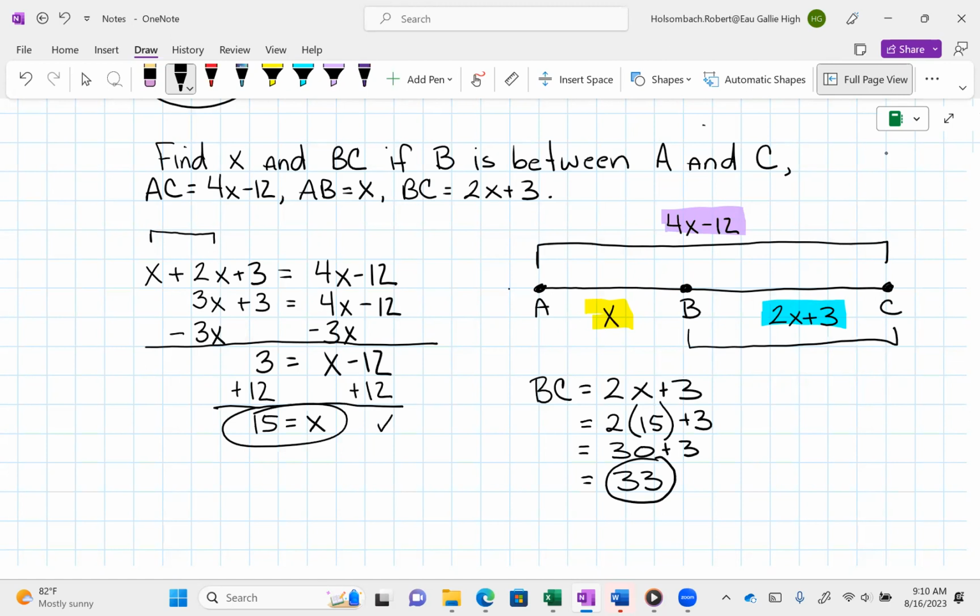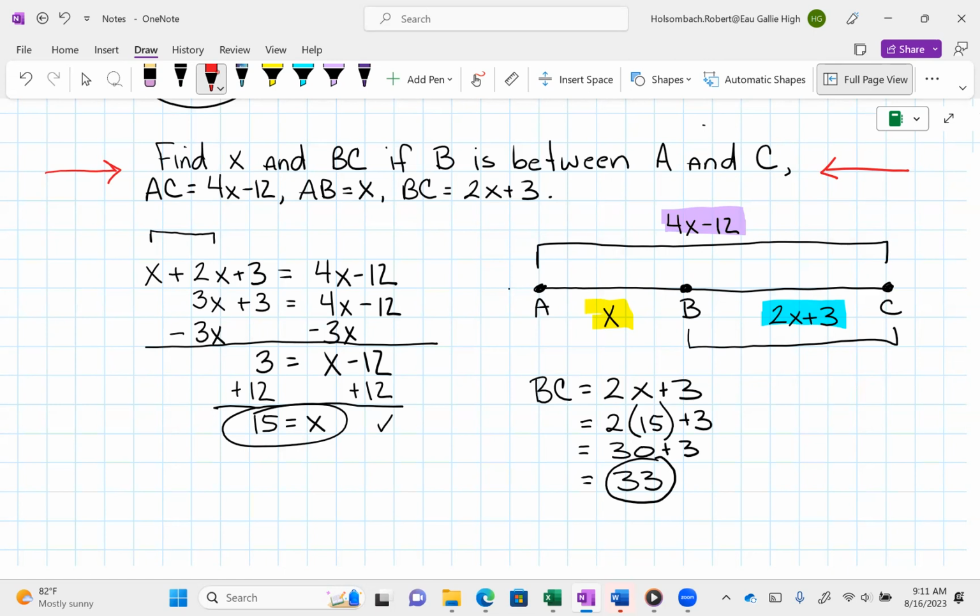All right, so any questions on either of those examples? Now, when you do your practice today, this is the part that'll be in the book. You don't have to write all that down, but what you do have to do is be very careful when you draw your diagram. You don't need to copy the whole problem statement.